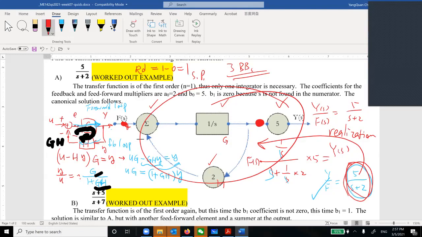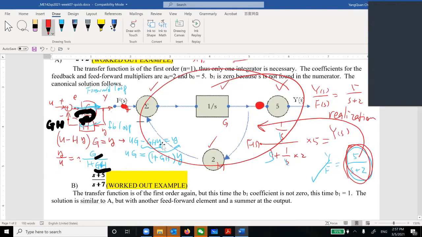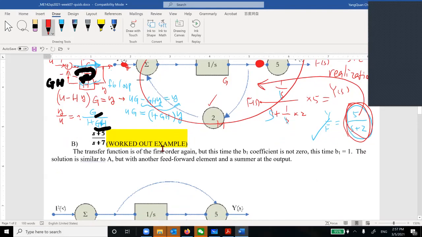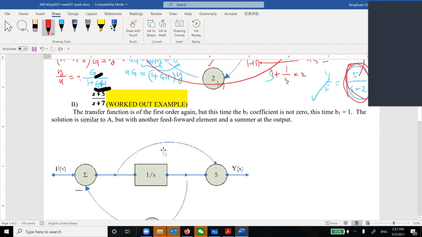Strictly proper. So let's see a second example here. What's the relative degree here? It's 1 minus 1 is 0, okay? So it's only proper, not strictly proper. That means it's possible we can write 1 plus, okay, S plus 7, that's minus 2, right?